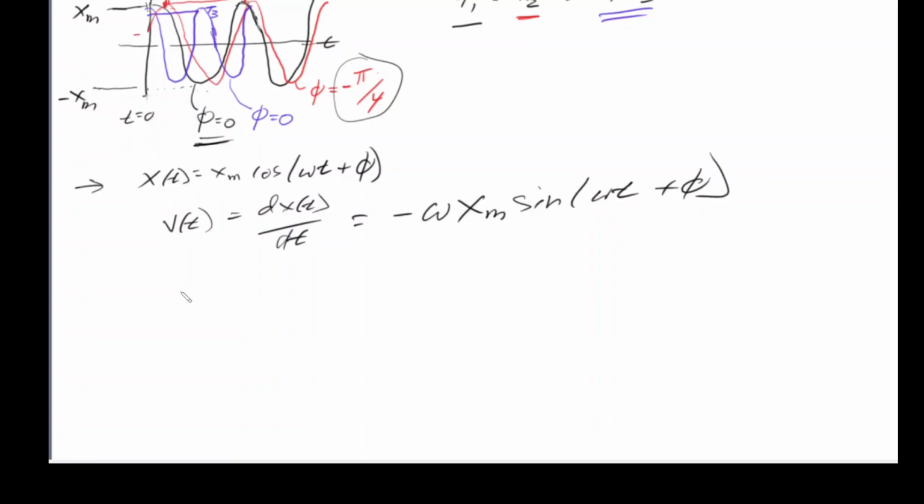Okay, because the derivative of a cosine is a minus sine, and we take the omega out as the constant in front of t. And this is called the velocity amplitude. So it's kind of similar to the xm in our position equation.